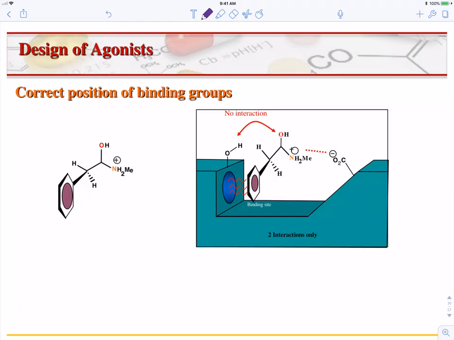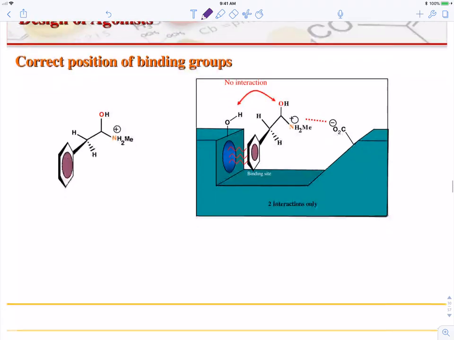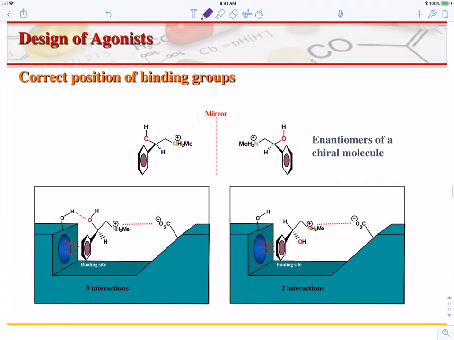The important thing is that the agonist should follow the same stereochemistry as the natural ligand, because all these interactions tend to be stereospecific and so will only happen for one of the two possible enantiomers.